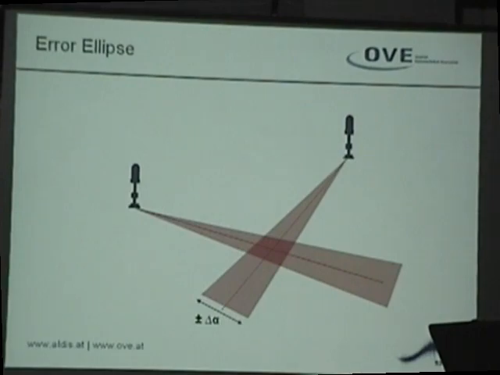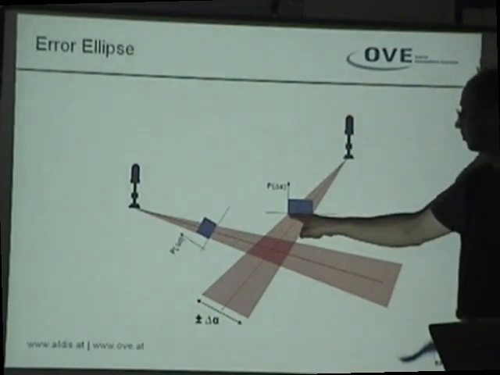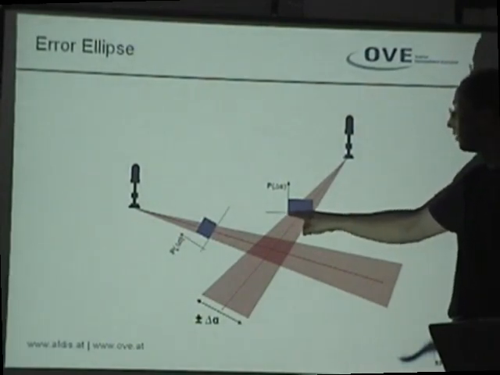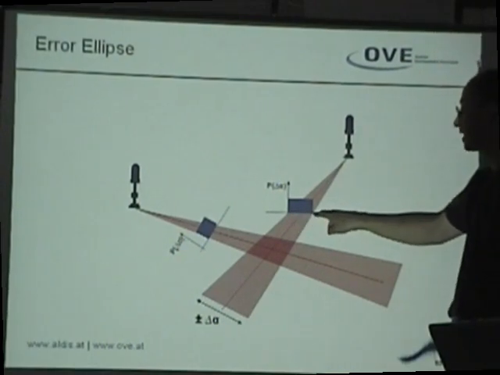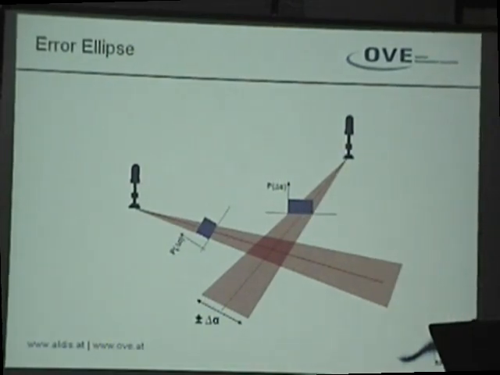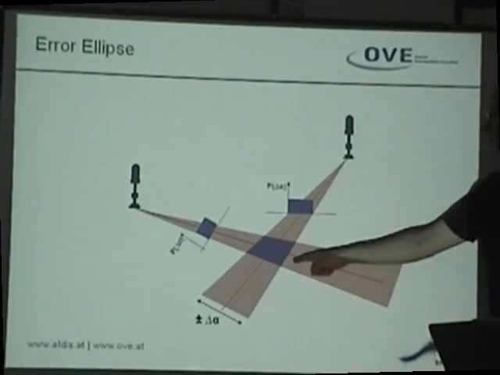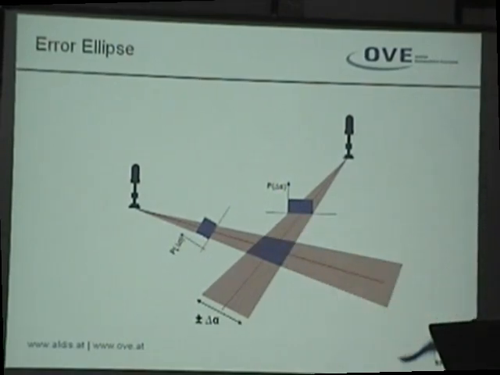If I assume that the probability of this random angle error is like this, so there's 100% probability that it's within plus minus alpha and 0 probability outside, then I wouldn't have an ellipse, I would have an angle rectangle. So it's not a rectangle, it's a kind of, yeah, you see.